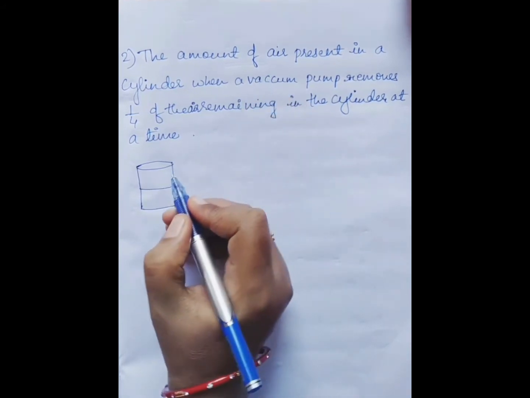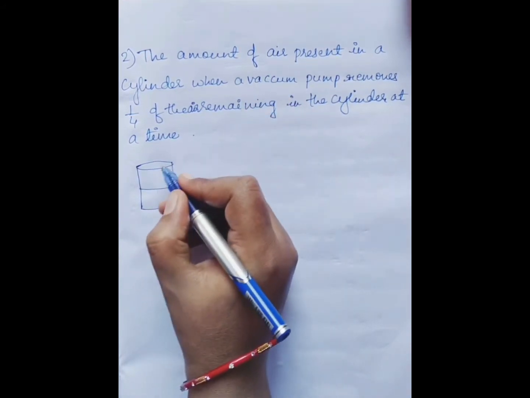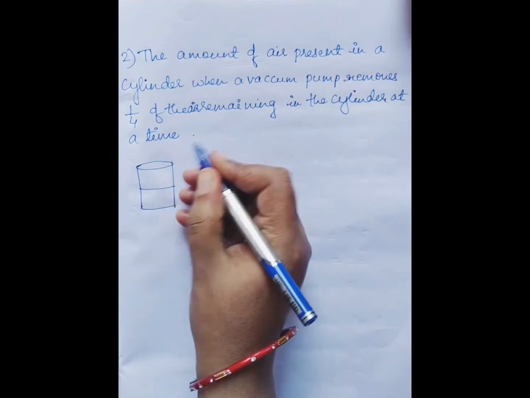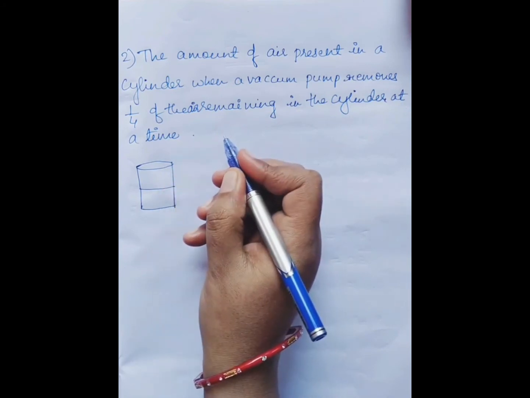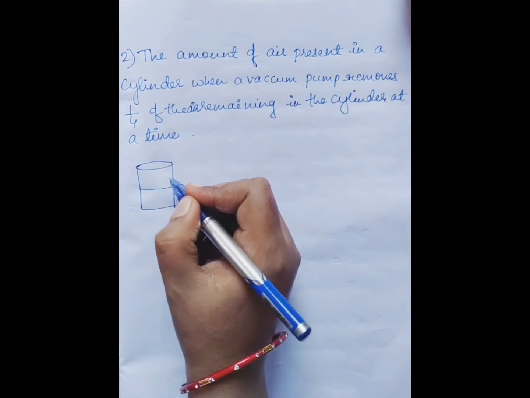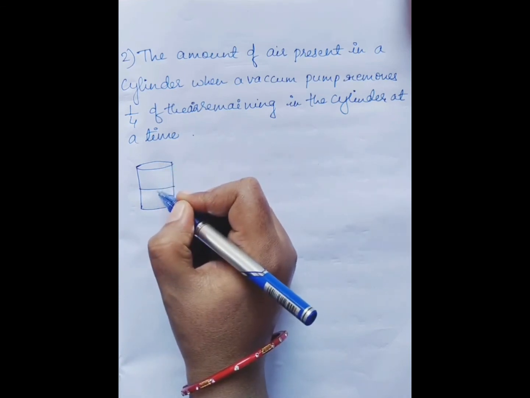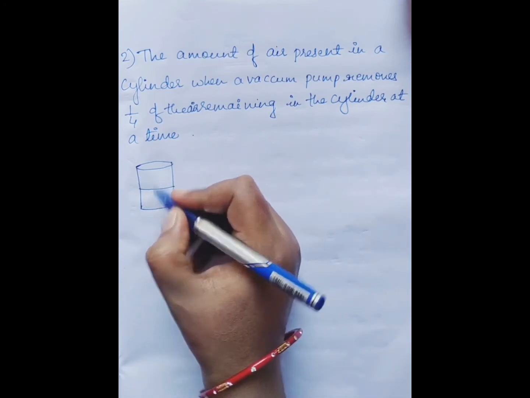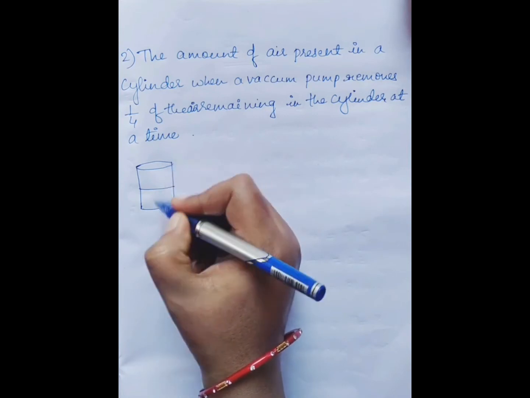Now according to the question, what does it say? There is some air filled in the cylinder, and from this cylinder you are going to remove 1/4 of the air. But the condition is we don't know how much air is present in the cylinder. But it is said that through a vacuum pump 1/4 of the air is removed from this cylinder.